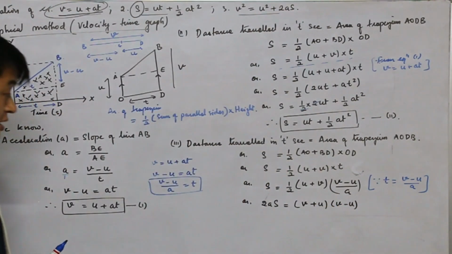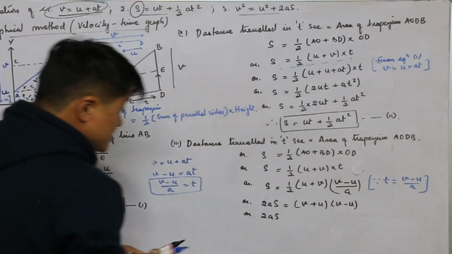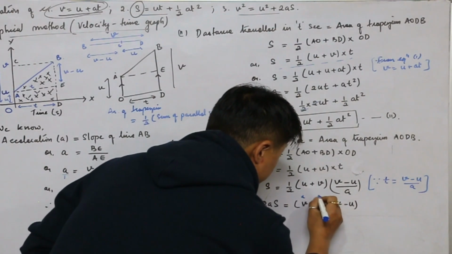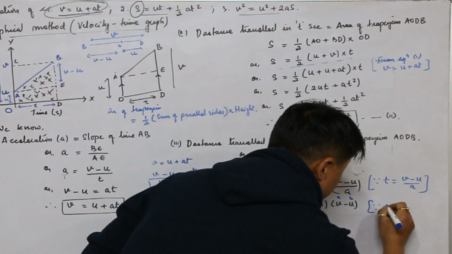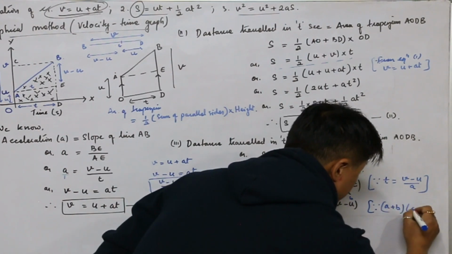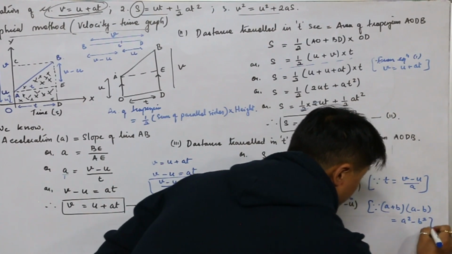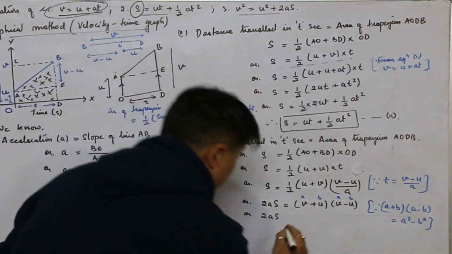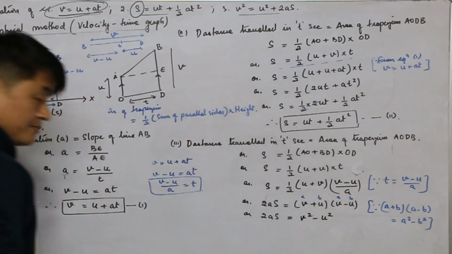Can you write it this way? Or we can write here 2a. If you notice, this is like a plus b, a minus b. We know that a plus b into a minus b is equal to a square minus b square. If you apply this, what will we get here? This will be v square minus u square.